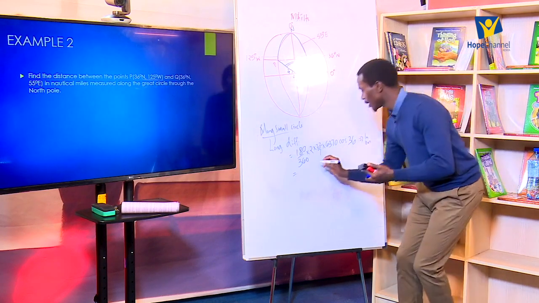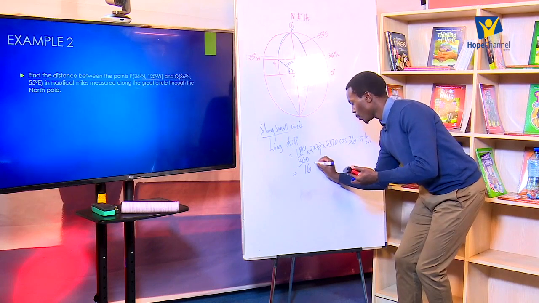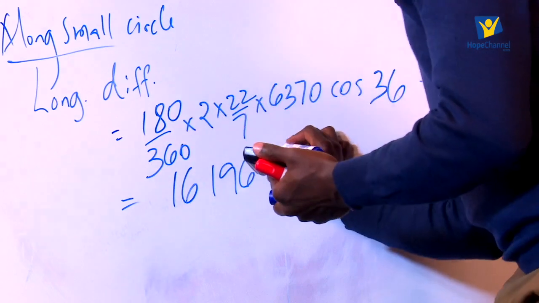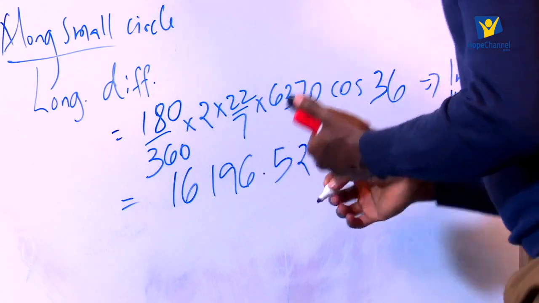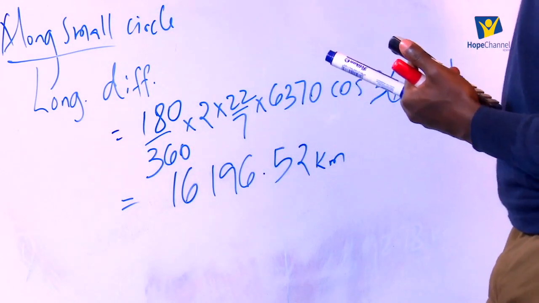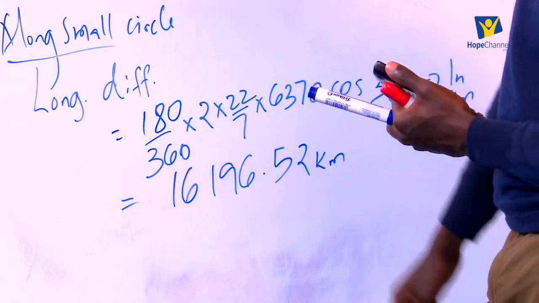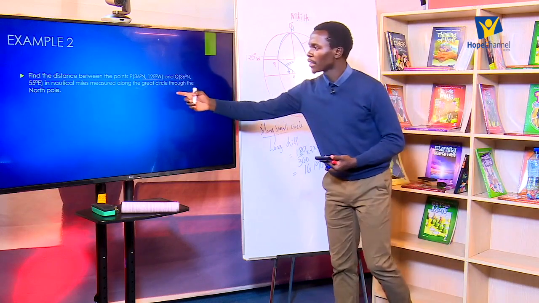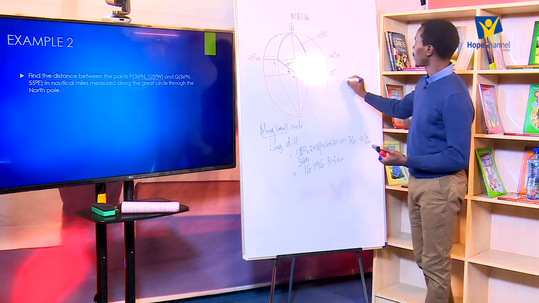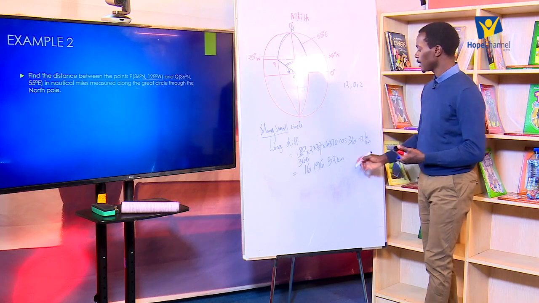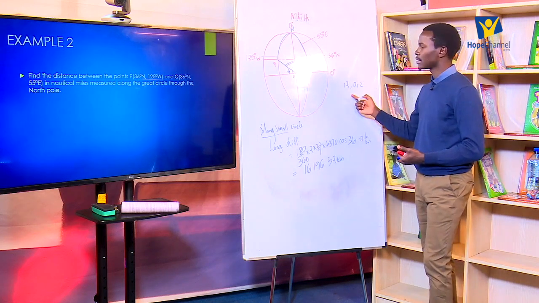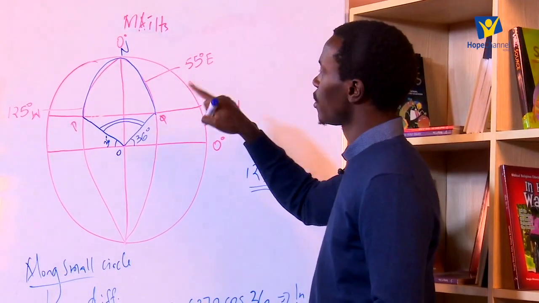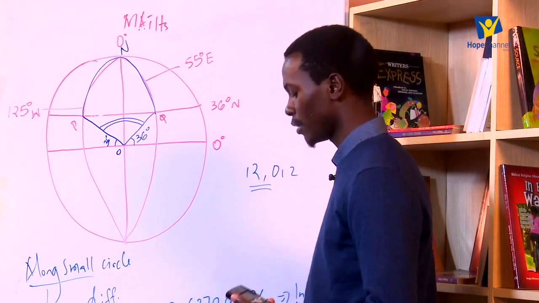The distance that you get is 16,196.52 kilometers. That is the distance along the small circle. But if you compare this to the one we had initially, when the question was talking about the North Pole, it was about 12,012. That tells you that the distance along the great circle is smaller than the distance along the small circle.